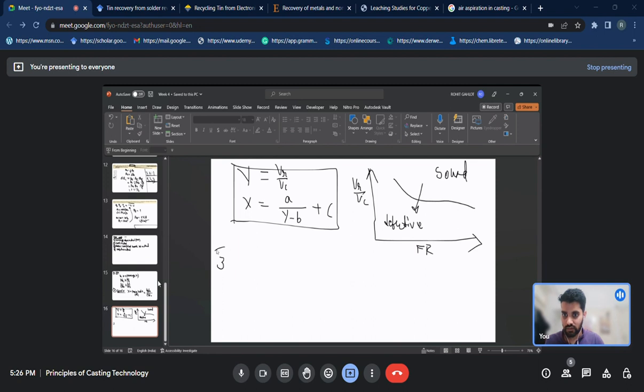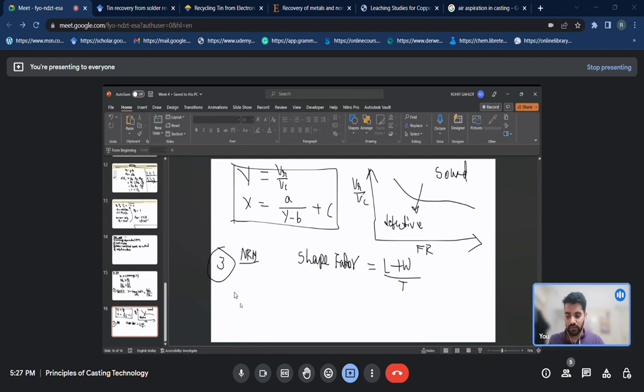Now, the third method is Naval's Research Method, let's write it in short form as the NRM method. He defined a term called shape factor, which is the ratio of the length plus width divided by the thickness.